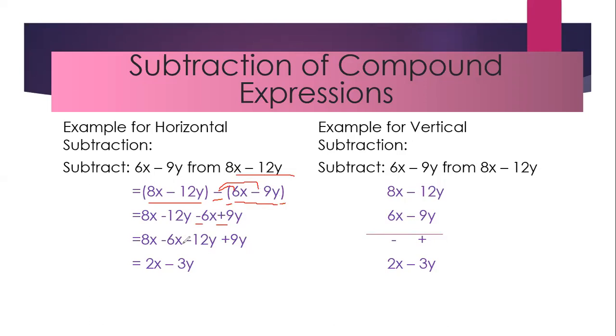Okay? Now, what we have to do? We have to write the like terms together. 8x minus 6x, minus 12y plus 9y. Okay? Clear? So 8 minus 6 is 2x.